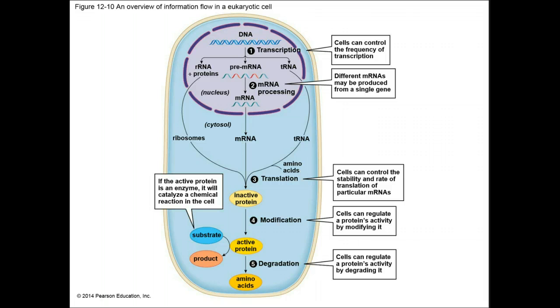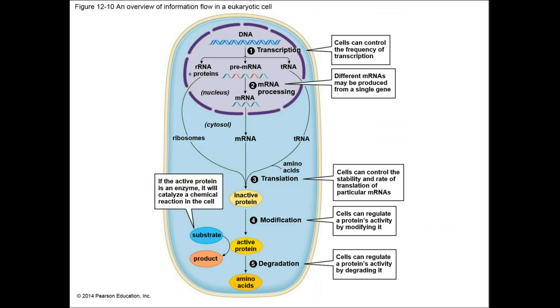Then, once we move beyond this first level at which we control the frequency of transcription, we can also control the amount of protein that is made, or the types of proteins that are made, by taking the same gene and using it to produce different messenger RNAs and thus different protein products. Differential splicing of exons can yield different proteins according to a cell's needs.